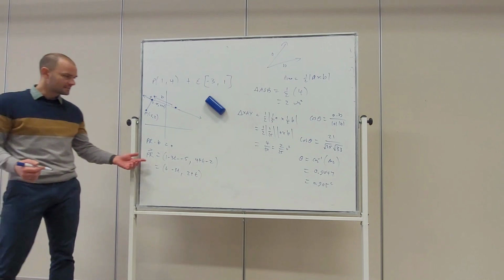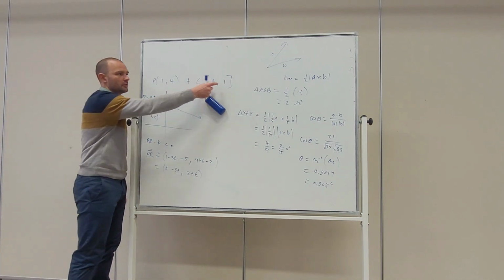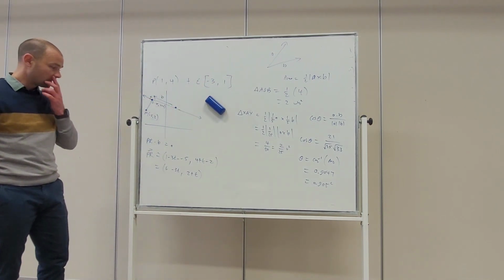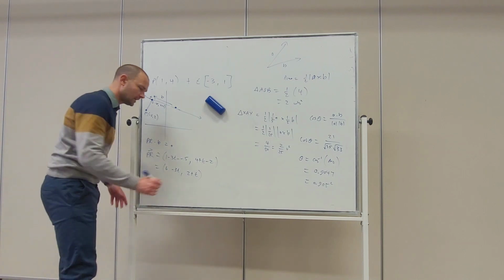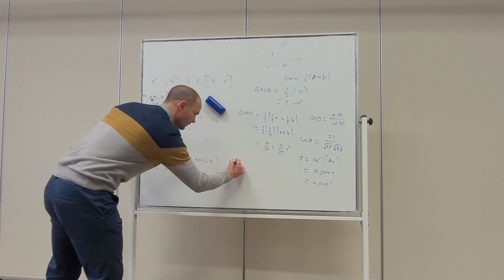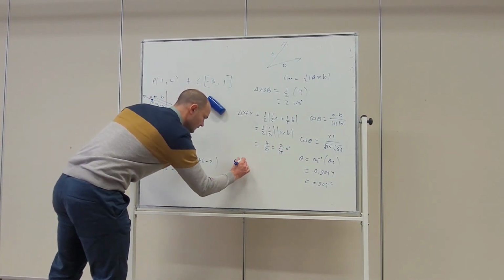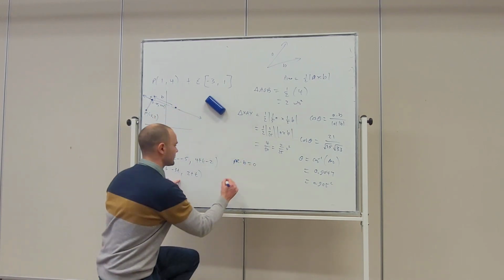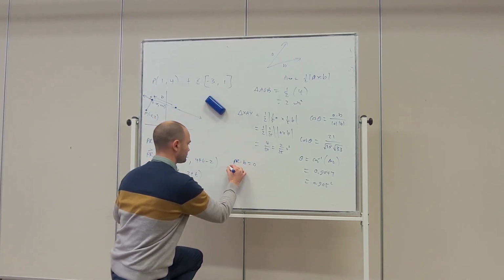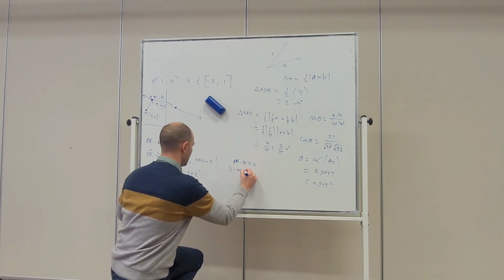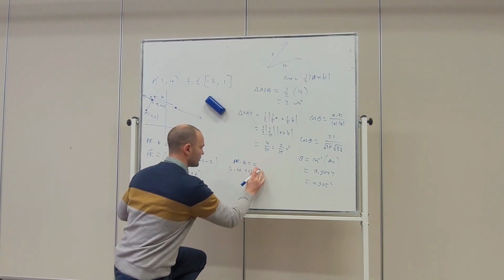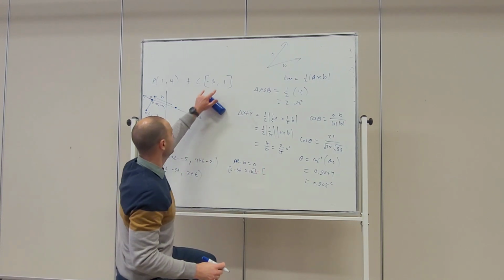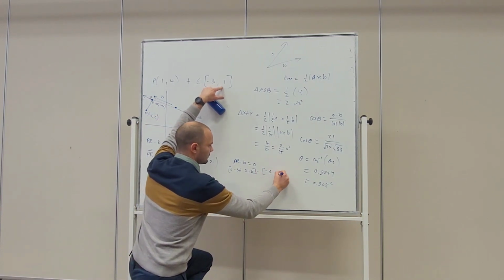And we want to know, when is this vector perpendicular to this direction vector? So what we're going to do is PR dot B. So let's write that out here. PR dot B equals 0. So that's going to be (6 take 3t, 2 plus t) dot, and the direction vector is (-3, 1).